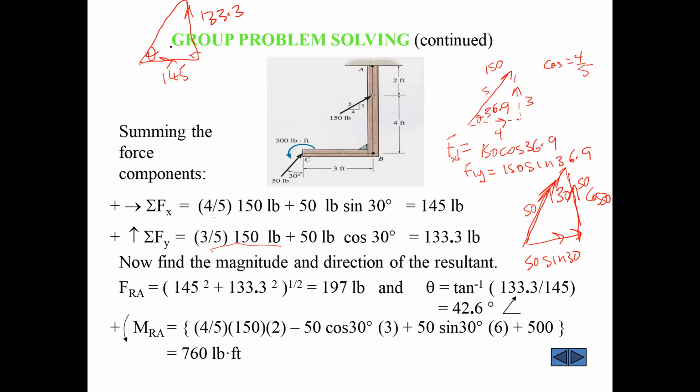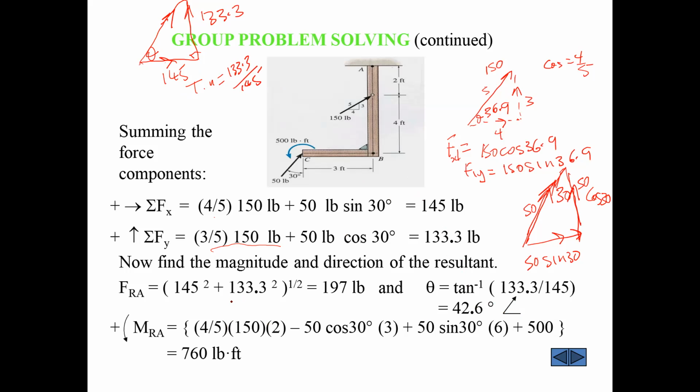So the resultant force will be acting up. What we do now is find the tan. Tan is opposite over adjacent, so it is 133.3 divided by 145, and that gives you 42.2. And we already see it here with the angle turned up.